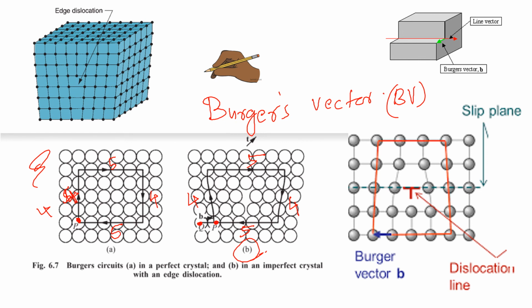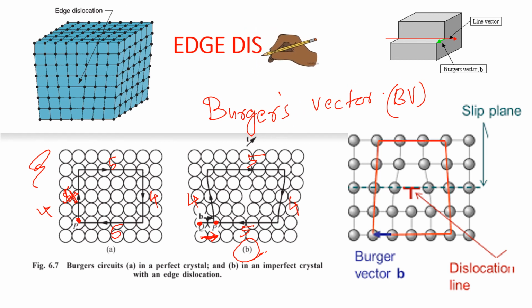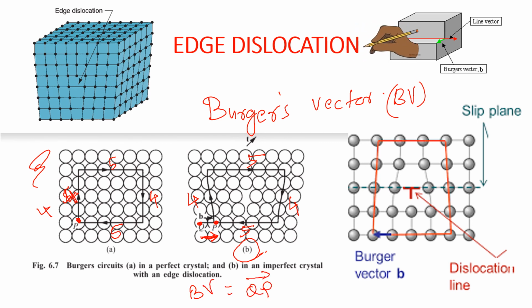So here, the vector directing from Q to P, we call this vector between Q and P the Burger's vector. Here the Burger's vector BV is equal to vector QP, and that is represented by B. And you know, the Burger's vector is always perpendicular to the edge dislocation line.